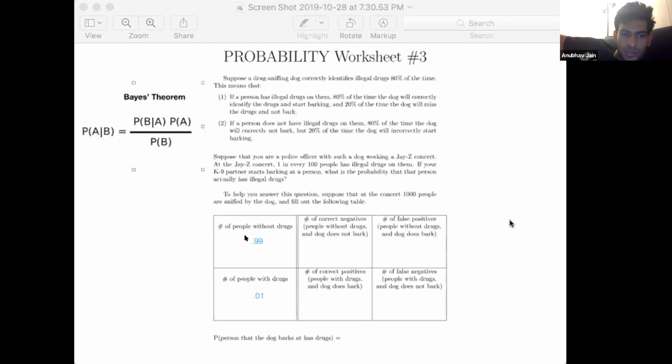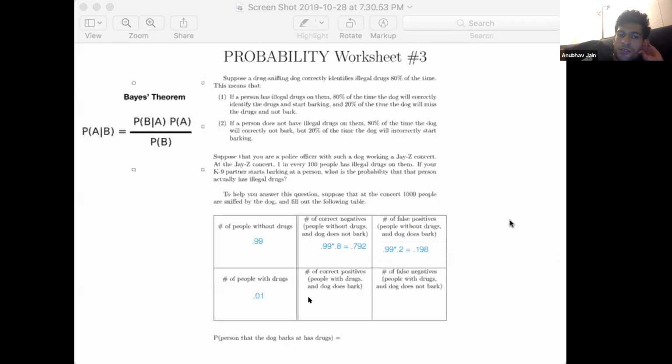And so then if we deal with just the people without drugs, the number of correct negatives, so the dog does not bark given that people do not have drugs, will be 0.99 times 0.8, which we also get as 0.792. And then the number of false positives, so the dog does bark given that people do not have drugs, will be 0.99 times 0.2, which is 0.198.